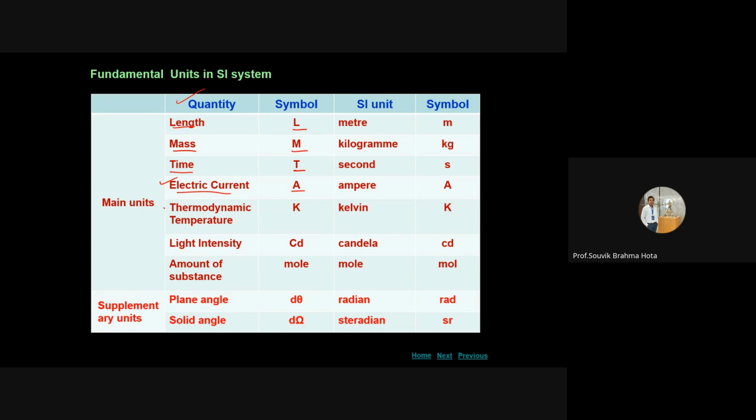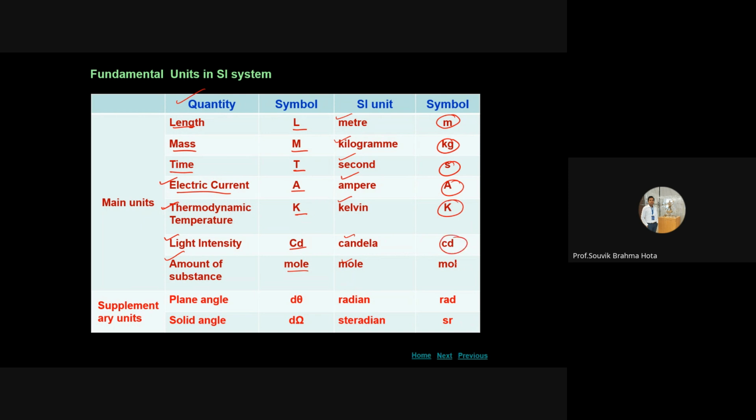Thermodynamic temperature is Kelvin, light intensity is candela, amount of substance is mole, and these are the symbols that we have. And here you are seeing the SI units: for length meter, mass kilogram, time second, current ampere, Kelvin, candela, mole, and they have their definite symbols also. These are the symbols for those specific units.